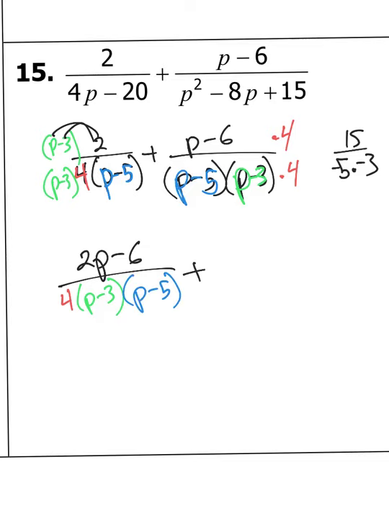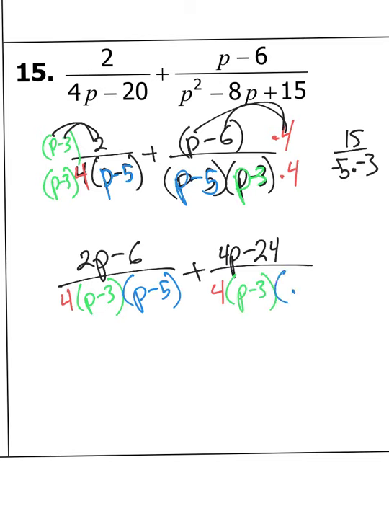See if I can get this done quickly. Combine like terms, I would get 6p minus 30.